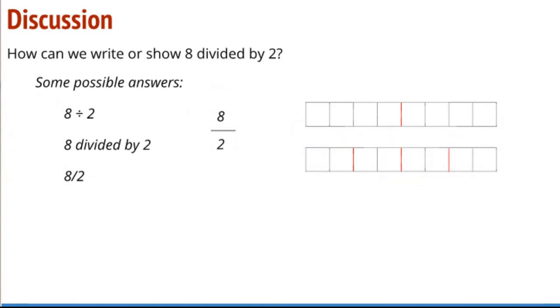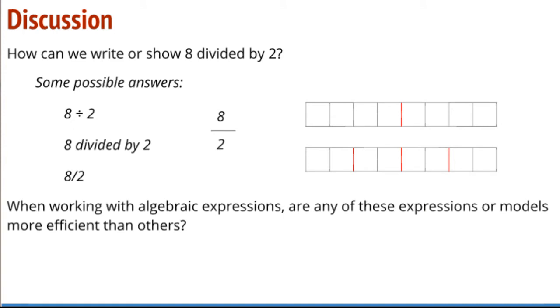Now, thinking about these different models and different ways of writing division, when working with algebraic expressions, so when we start plugging in some variables, are any of these expressions or models going to be more efficient than others? Are they going to provide us with a greater level of flexibility?